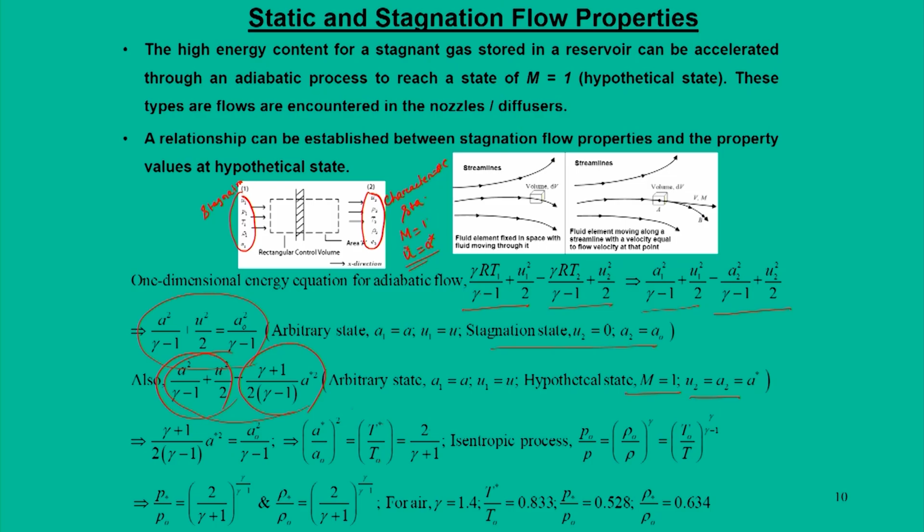Through this process, what happens with respect to the change in temperature, pressure and density? If you look at this expression, it becomes a fixed number for air. For air, gamma is equal to 1.4 and T star by T naught is equal to 0.833, P star by P naught is 0.528, rho star by rho naught is equal to 0.634.